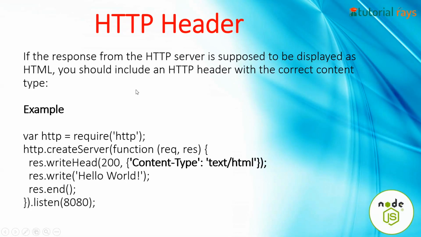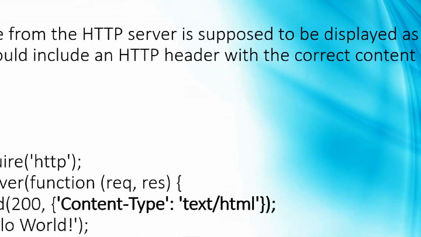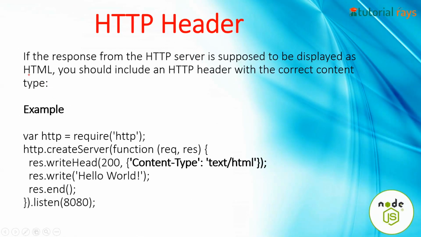Now we will discuss HTTP header. If the response from the HTTP server is supposed to be displayed as HTML, you should include an HTTP header. Okay, what happens when the data is sent from the server? Then there is a certain content type.